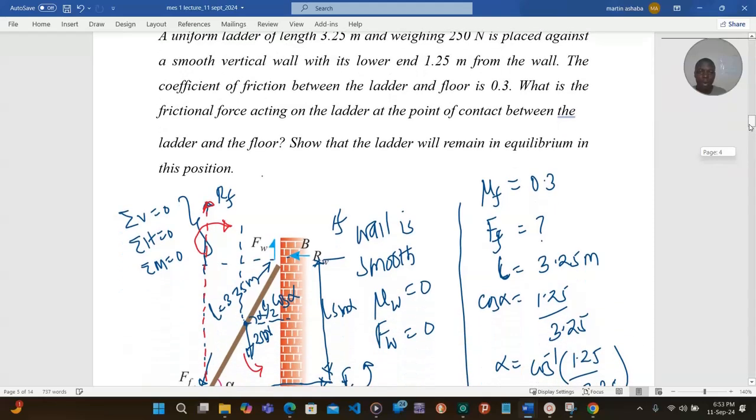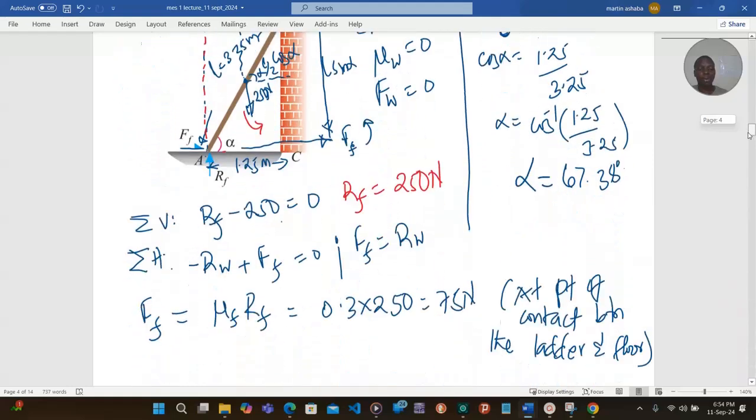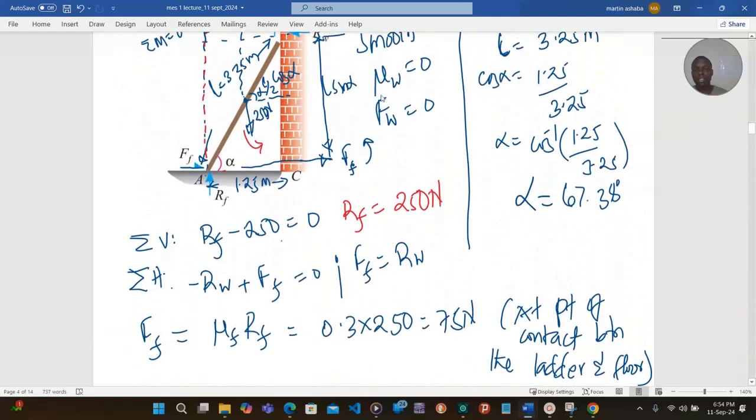We have one of 75, which is as a result of the coefficient of friction, and we have also the force of friction that is obtained when we apply moments. The moments are applicable when we load this system.